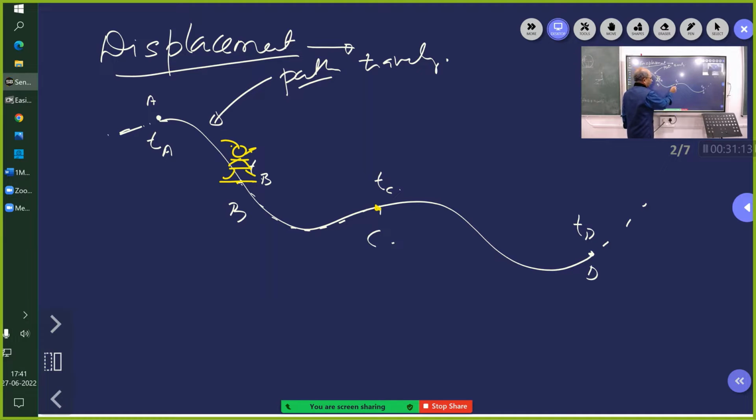It is traveling. But when I am here and the object is at C, if I ask where is the object? One thing is it is at C, sir.